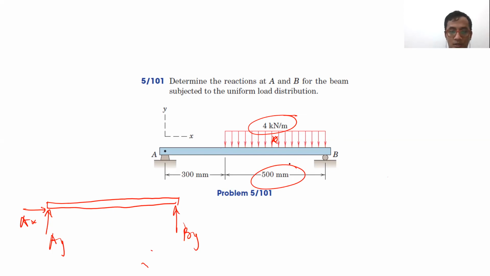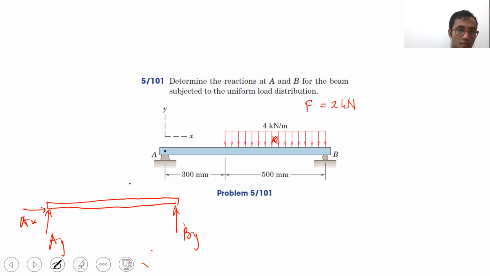Okay, so 500 millimeters is the same as half a meter. That's why we can calculate that the distributed force is 4 kilonewton per meter multiplied by half a meter, so it will be 2 kilonewton. And it's supposed to work at the centroid.